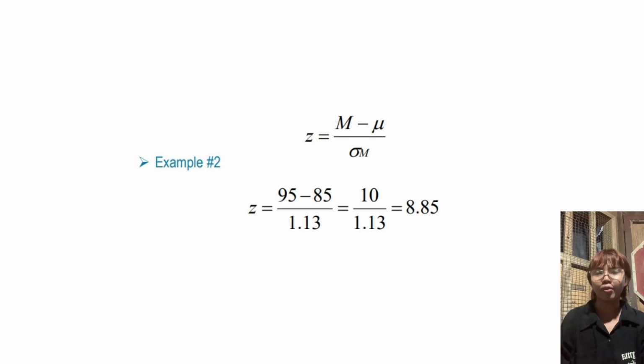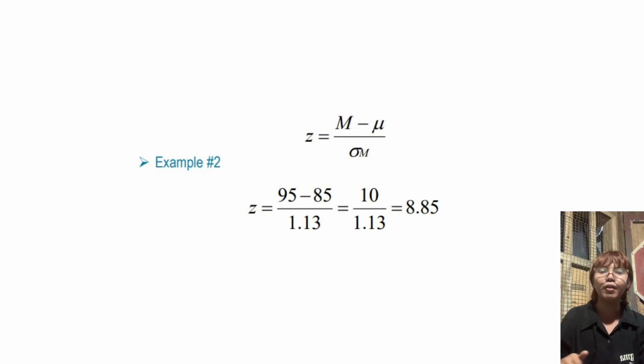This slide provides a concrete example of calculating the z statistic. Let's say the sample mean is 95, the hypothesized population mean is 85, and the standard error of the mean is 1.13.